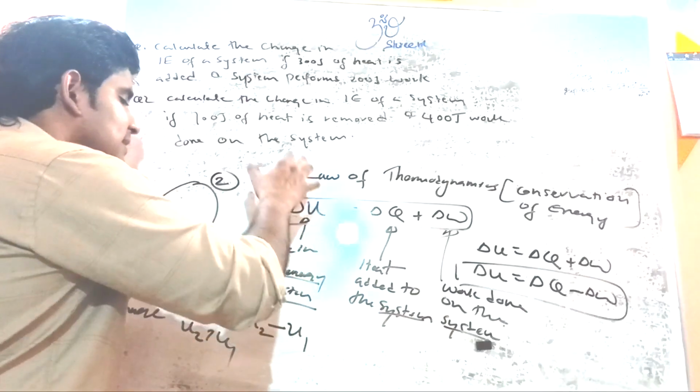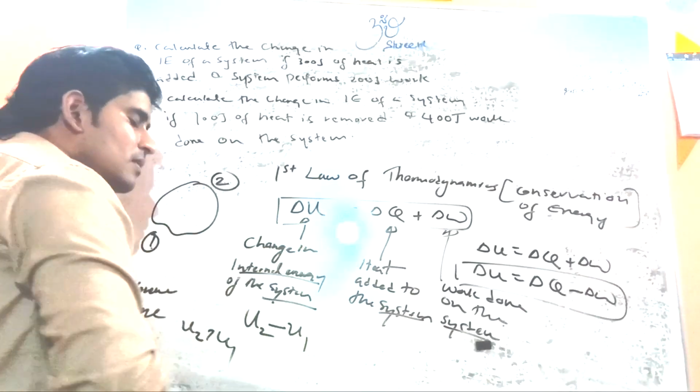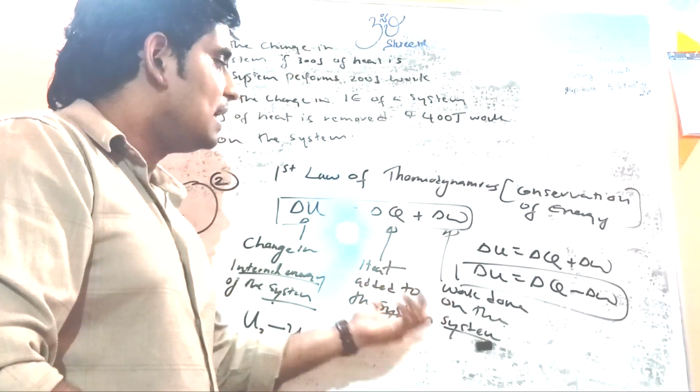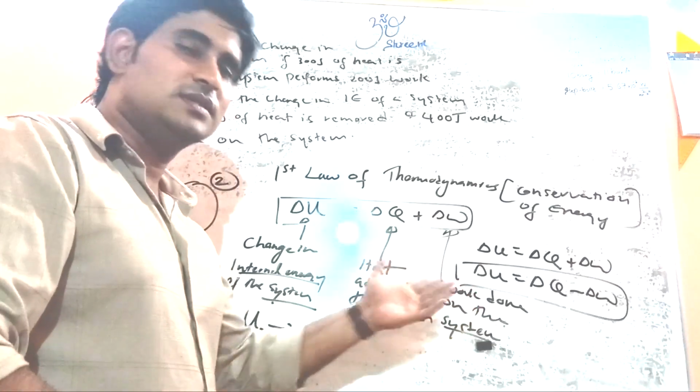Easy to remember, that's what I'm telling. So the change in internal energy of a system equals the total heat added to the system and the work done on the system.